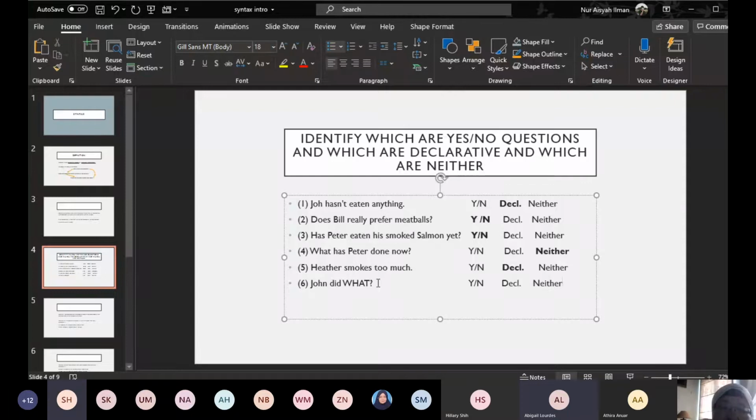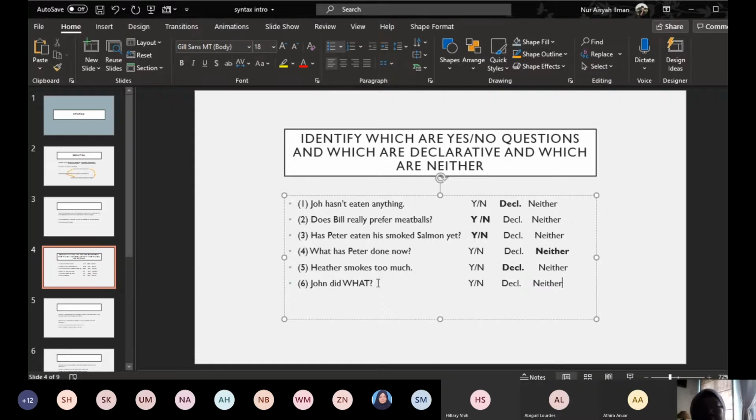Because this question is called an echo question. It is an echo question because it looks like a declarative. Like you say, John did do his homework. John did study.